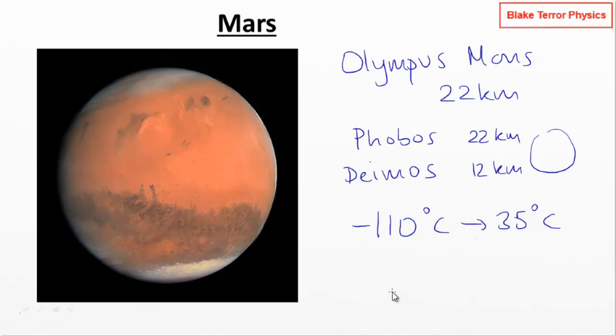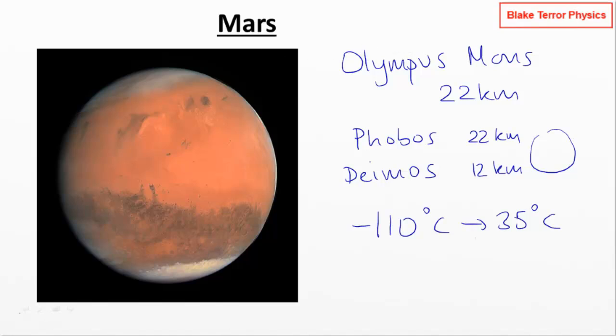It's fine when it's in ice form, but if it became liquid, it would just all disappear off. But there's a lot of things going for Mars. And looking at it through a small telescope, you will see these features. Obviously, not in this detail, but you'll see the red color, you'll see the ice caps, you'll see the darker uplands. So it's a great one to look at through a telescope.